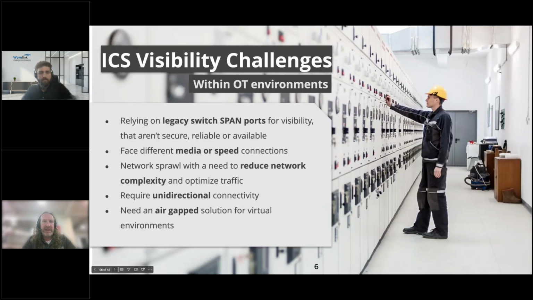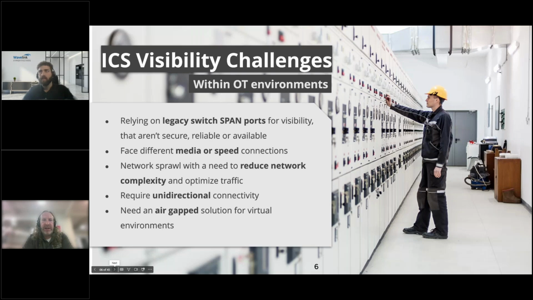So when we look at some of the challenges, as I mentioned, if you're just getting started, you may be deploying some security sensors utilizing span ports off your switches, and you may be looking at different ways to connect to environments within your network that may be air gapped. A lot of these environments have unmanaged switches and lower speed technologies.